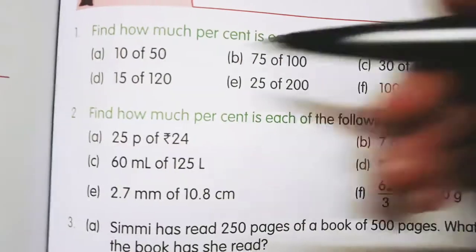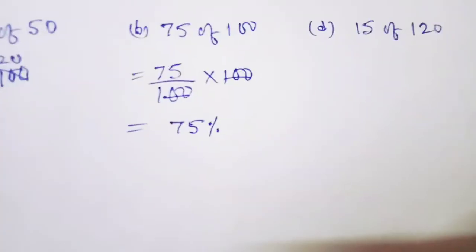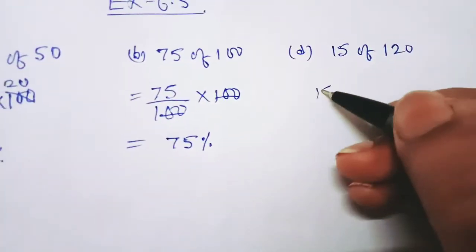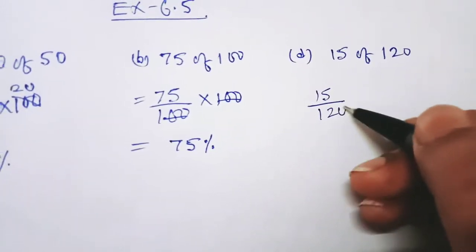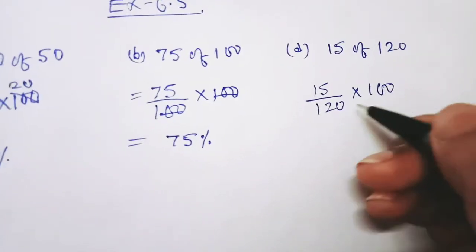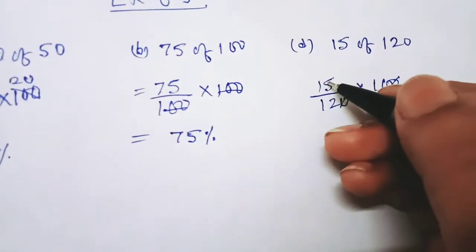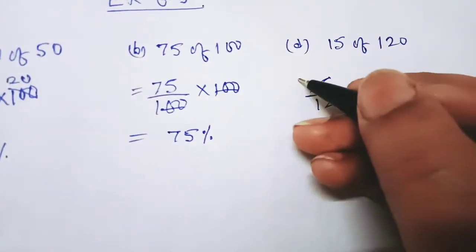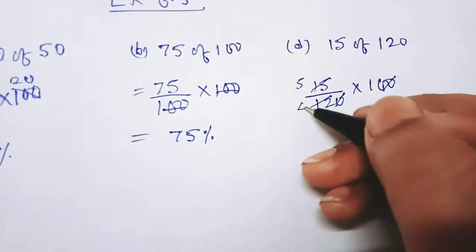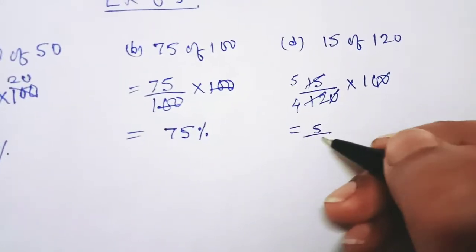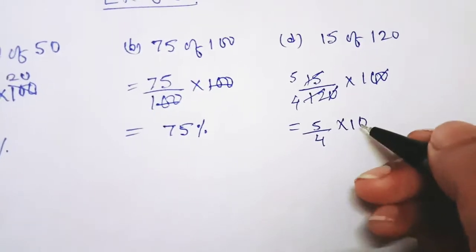Next, let's take 15 out of 120, D number. So it is 15 by 120 into 100. Now see this 0 will cancel out. Now in the 3 table they are both coming, so 3 5s are 15, 3 4s are 12. So 5 by 4, and then here again 10 is written.